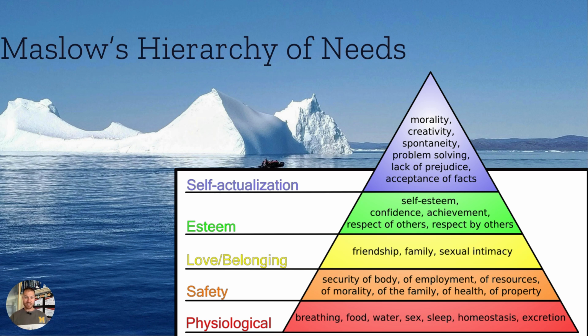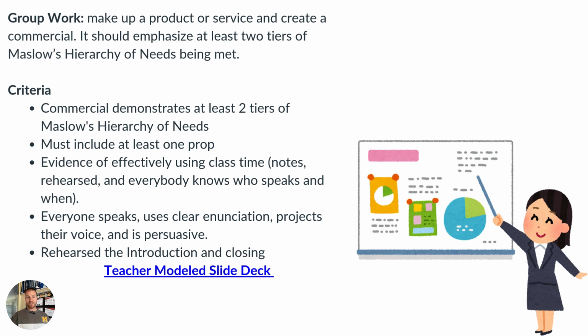If my self-esteem is feeling pretty good and I'm feeling good about myself and I feel achievement in my workplace and I'm confident and I respect others and I'm respected by others, then and only then can I reach that self-actualization tier where I can be creative and spontaneous and solve problems and I can accept facts for what they are. This is the general idea of Maslow's hierarchy of needs.